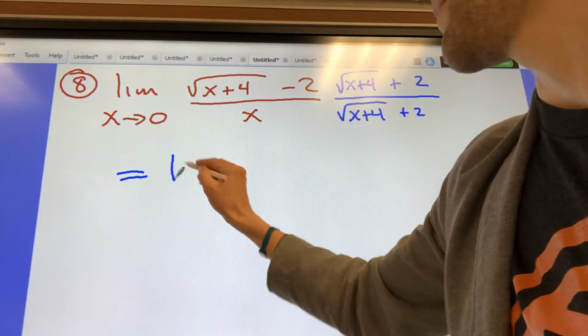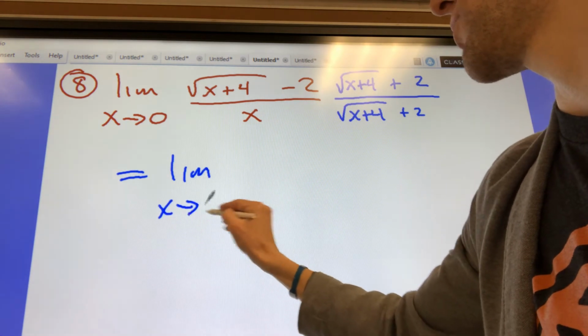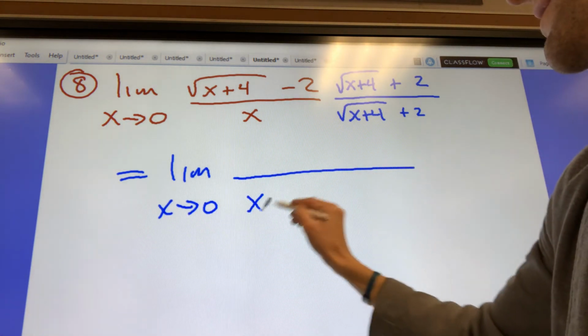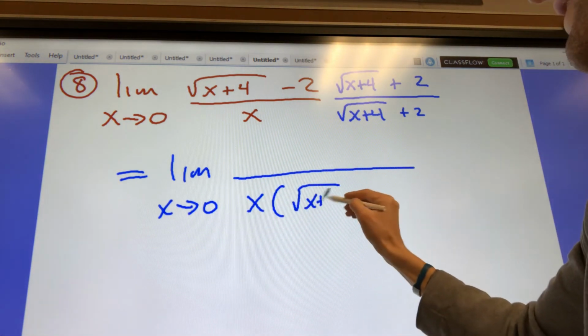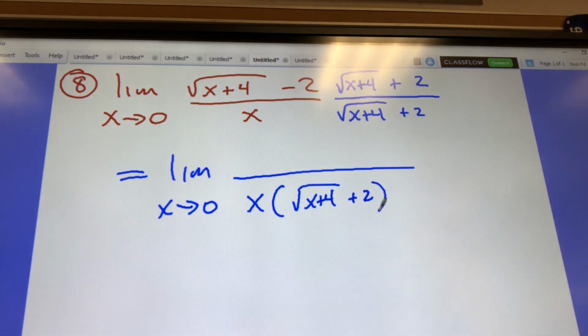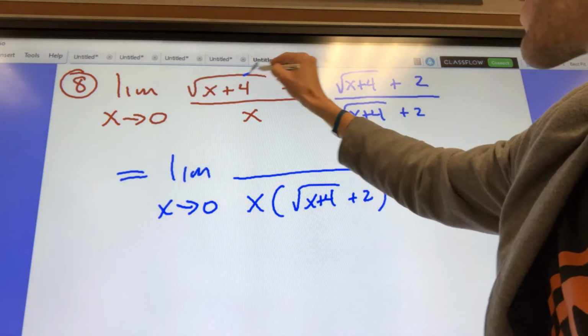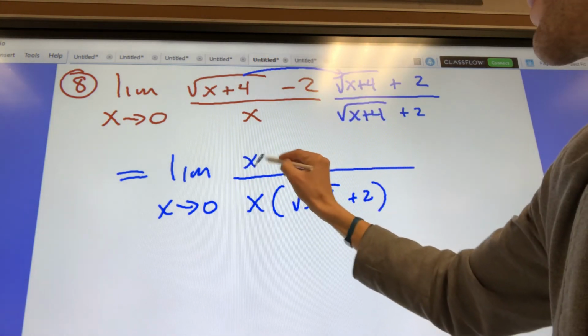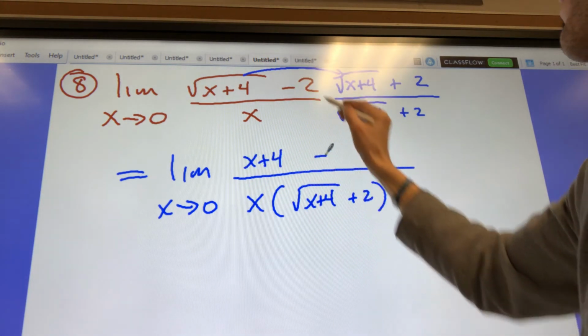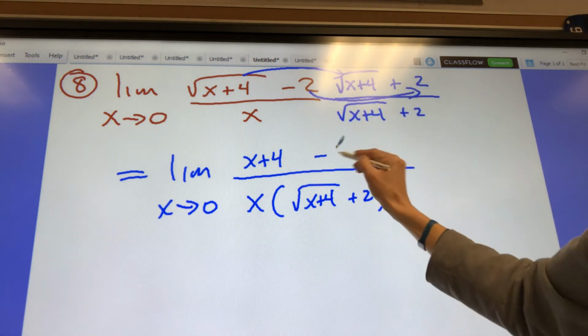Then at the bottom, it's going to look weird, but you are not going to distribute anything. You're going to leave it as exactly what you see. Root x plus 4 plus 2. Up top, because you have conjugates, you just do the first parts and the last part of FOIL. Take a look at that.